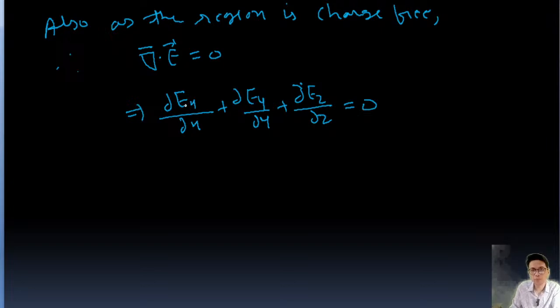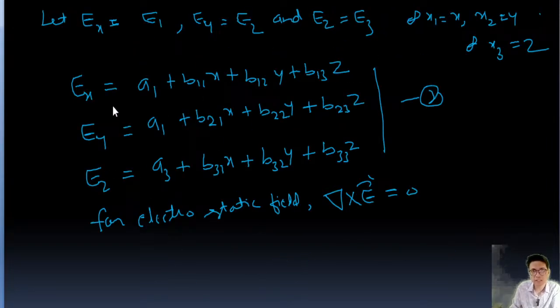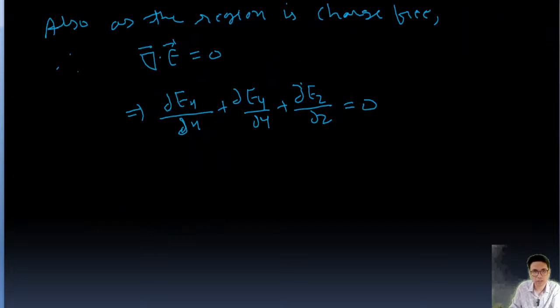Now we'll put the values of Ex, Ey, Ez, because we can differentiate them, right? We differentiate Ex with respect to X, Ey with respect to Y, Ez with respect to Z. The other terms are constants so they will be 0.